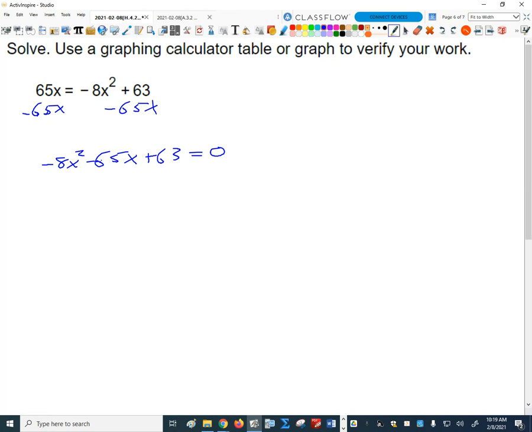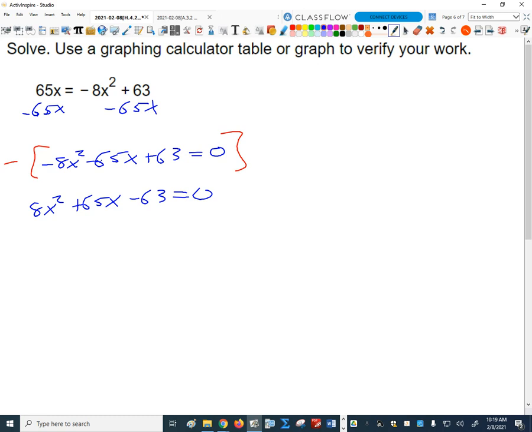This time we would just distribute through a negative 1 to turn this into a positive 8x squared plus 65x minus 63. It makes it easier to factor. In fact, it makes all of our different methods we could use to solve quadratic equations easier when you put it in standard form to make a positive, right?